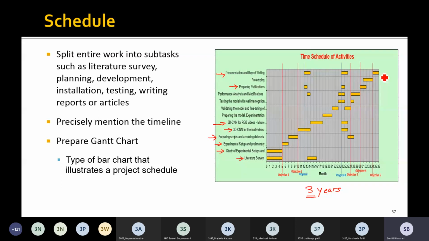These are also considered separate tasks, and some time is provided to them. Documentation and report writing is one task, but the report needs to be written after 1 year, after the 2nd year, or whenever there is a progress report presentation. Whenever you are supposed to submit the progress, at that time you need to write the report. So we have several timelines here for writing the report.